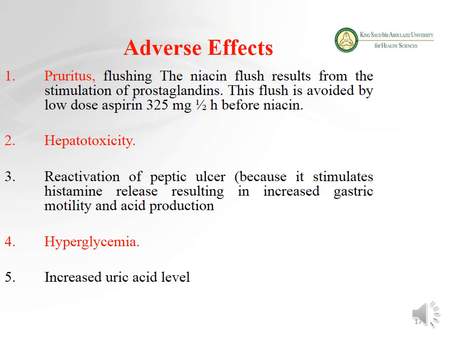Hyperglycemia is because it can impair glucose tolerance, and it can decrease the excretion of uric acid, which leads to increased uric acid level in the blood. So these are the most common side effects of this drug.